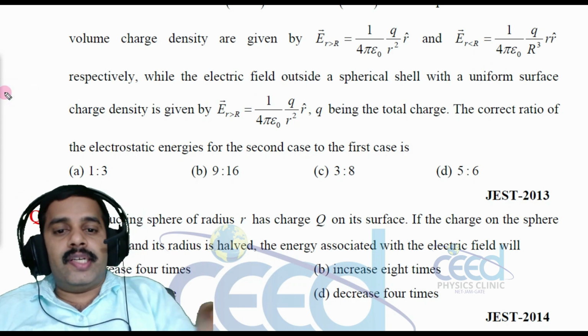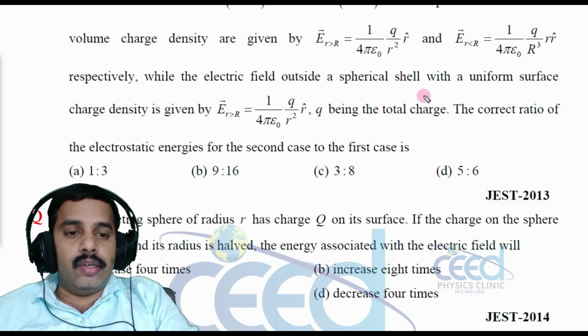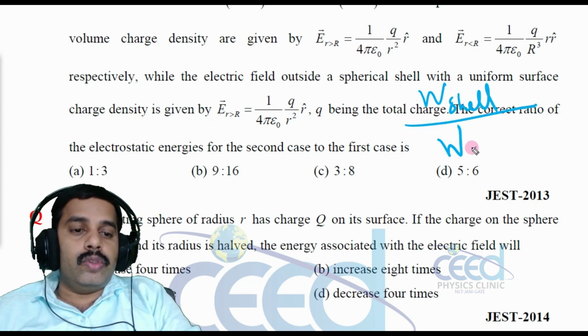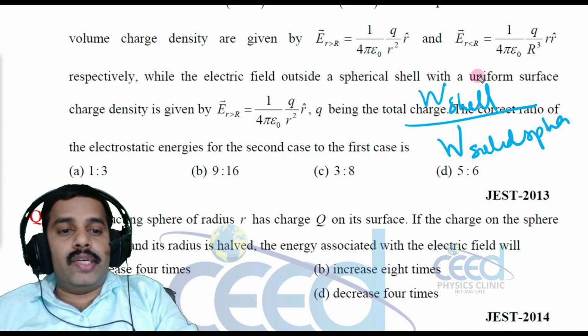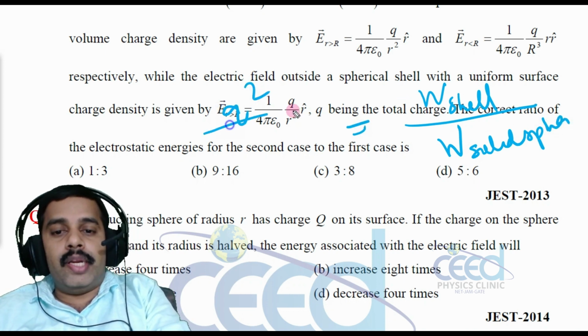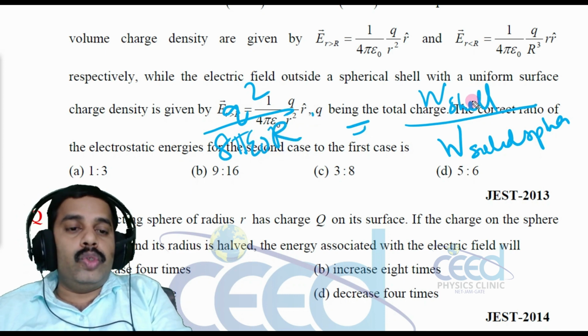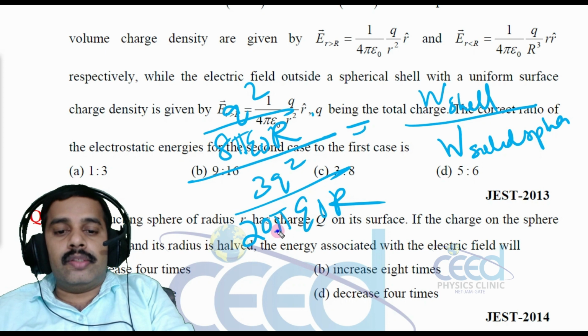For a shell, what is the electrostatic energy? The second case is the shell, so W shell divided by W solid sphere. Here we have studied Q square divided by 8 pi epsilon 0 R, the energy due to a spherical shell, and 3Q square divided by 20 pi epsilon 0 R for the solid sphere.